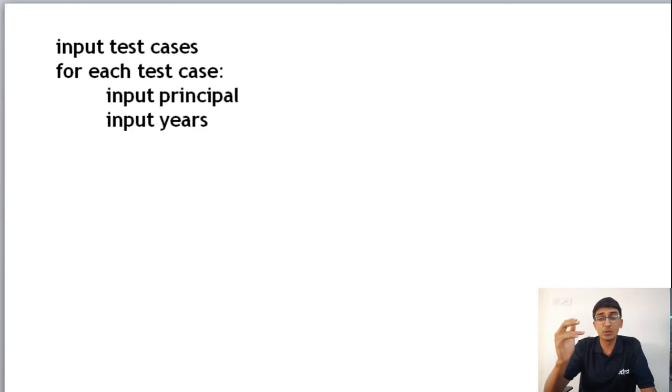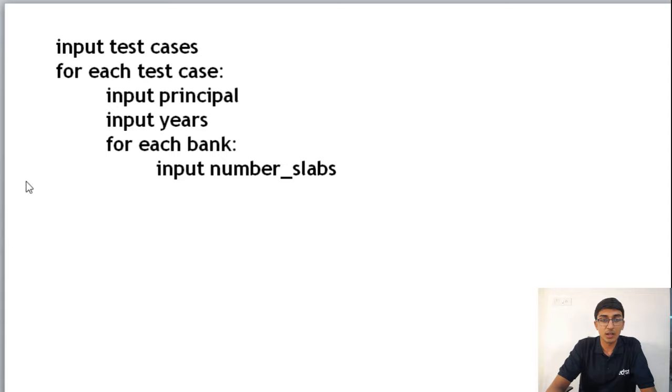Now, what we need to do is take input the number of slabs possible for us. So we take input number of slabs. Before we take input number of slabs, we have to do this for each bank. So again, the number of slabs and the interest rate for each will vary from bank to bank. We have 2 banks, so for each bank we have to take the number of slabs.